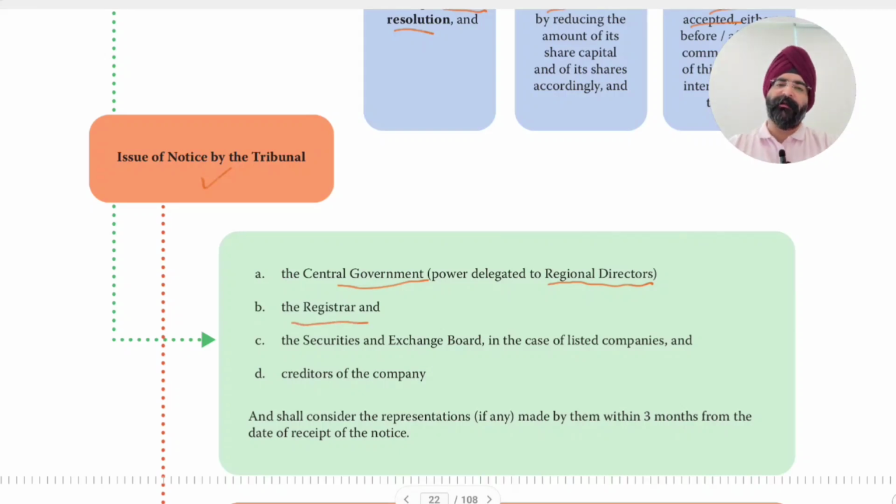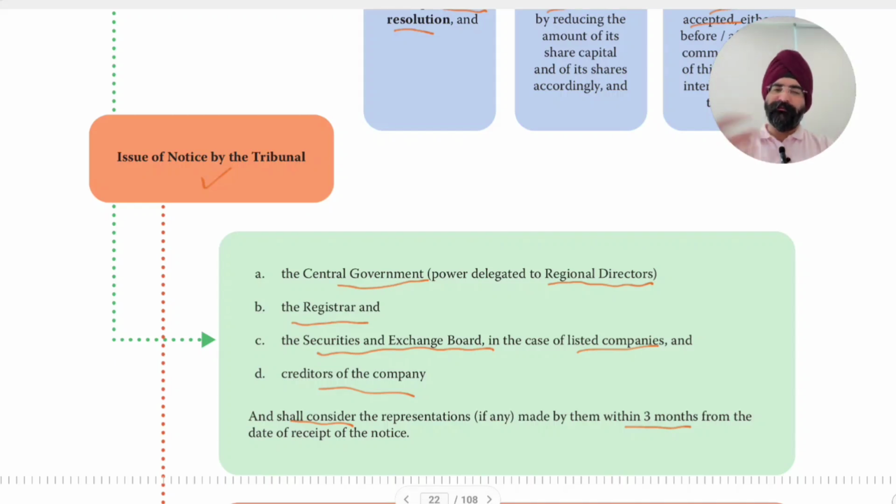Then you have to apply to the registrar of companies and the Securities and Exchange Board in case of a listed company, and the creditors of the company. These all shall consider the representations, if any, made by them within 3 months from the date of receipt of the notice.